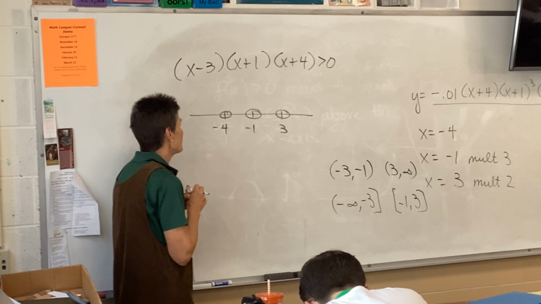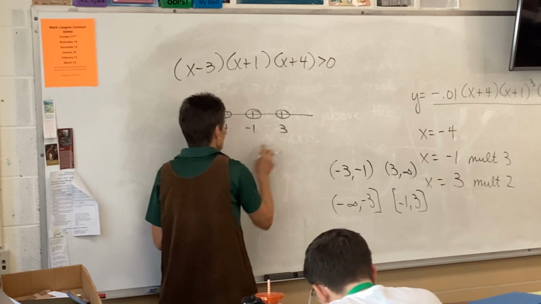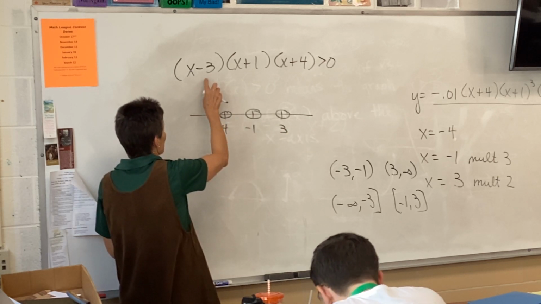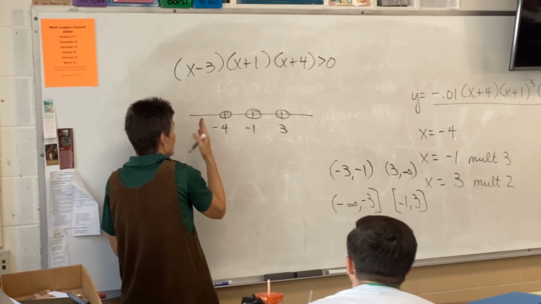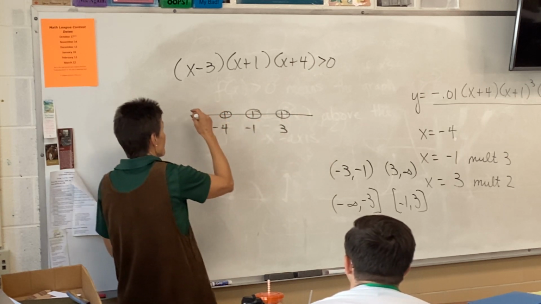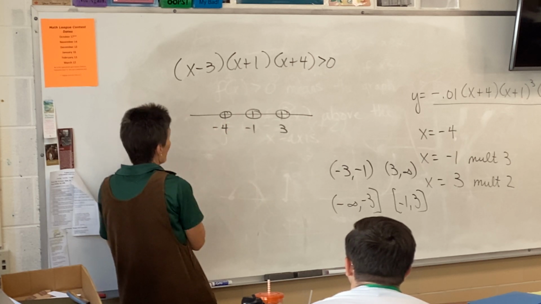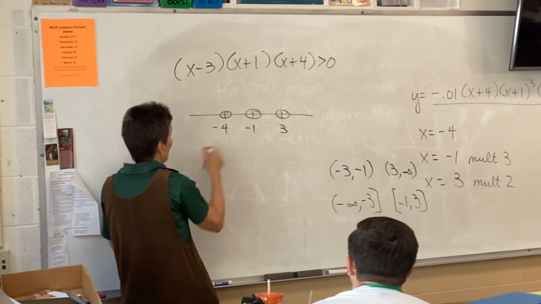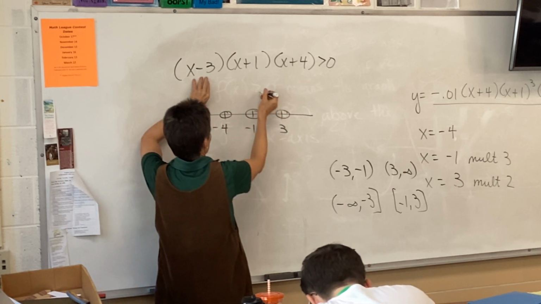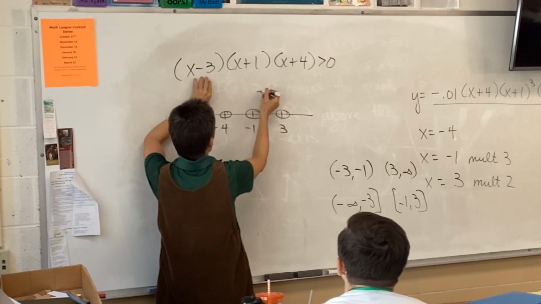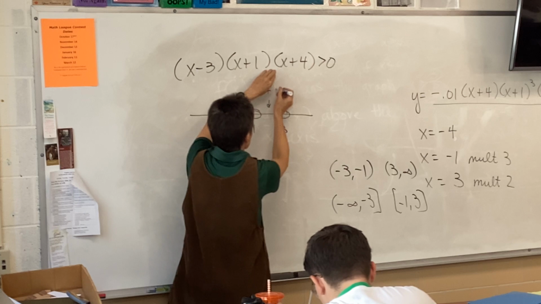Test a point, yeah. And you can test a point in every section if you want, or when your factors are just linear factors, your shading is going to alternate, so you don't need to check them all unless you want to. What number do you want to try? 0. Zero's in here. If I put a 0 in, I get a negative times a positive times a positive.